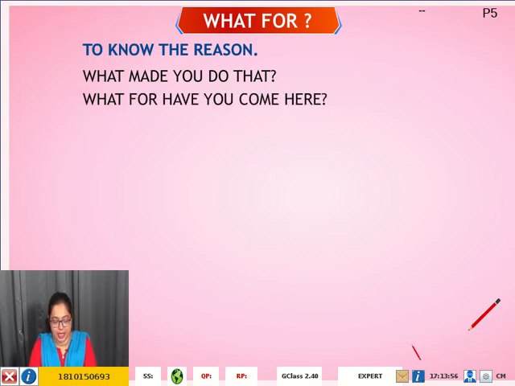The next one you see, what for have you come here? This is also used to know the reason. Here you can see the word what has been highlighted. That means the WH question word what is highlighted. Next you see the verbs are highlighted, made and have.